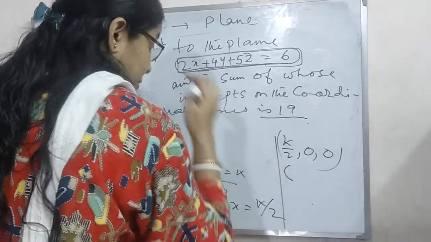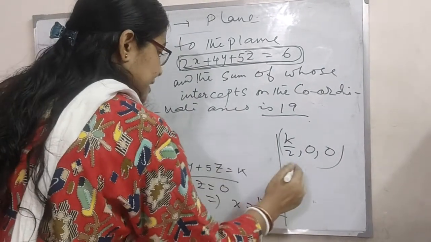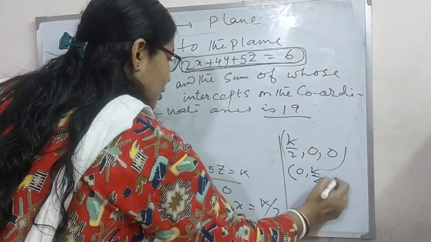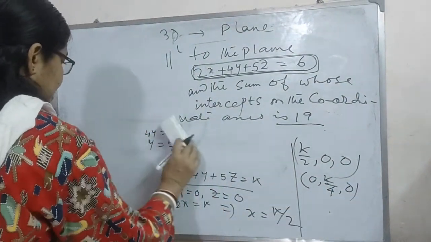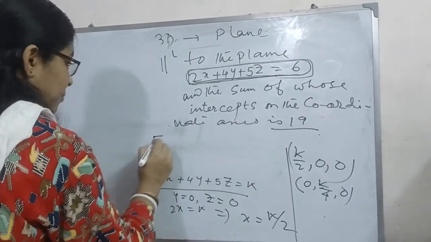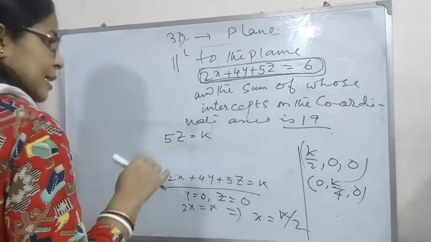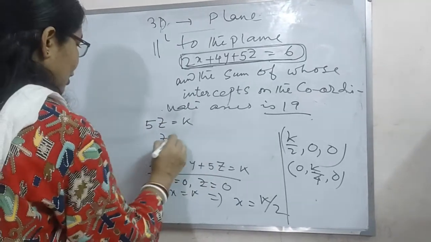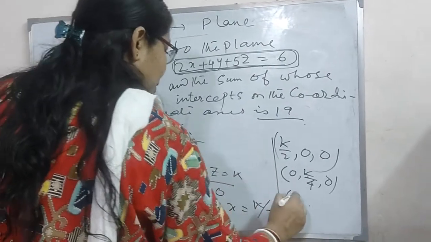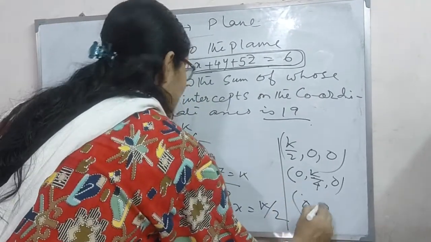The coordinates of the point on the y axis are (0, k by 4, 0). And for the z axis, 5z equal to k, where x equal to 0, y equal to 0, so z equal to k by 5. The coordinates of the point on the z axis are (0, 0, k by 5).